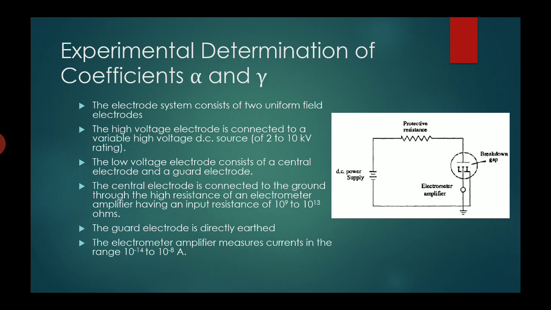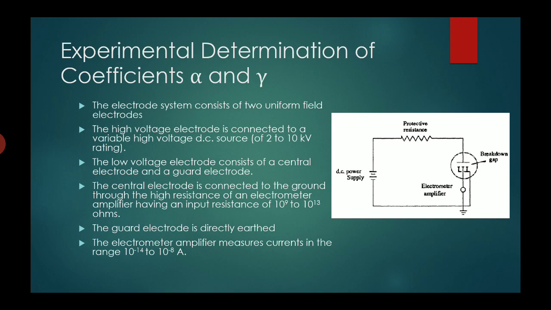The central electrode is connected to the ground through the high resistance of an electrometer amplifier having an input resistance of 10 to the power 9 to 10 to the power 13 ohms. The guard electrode is directly earthed.